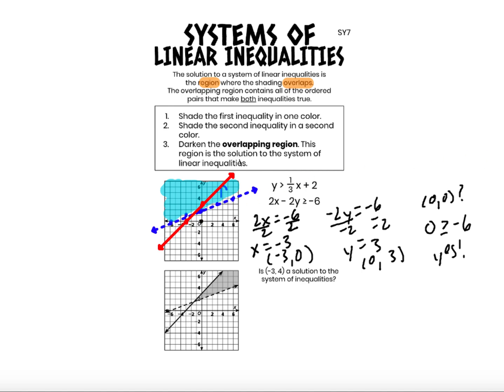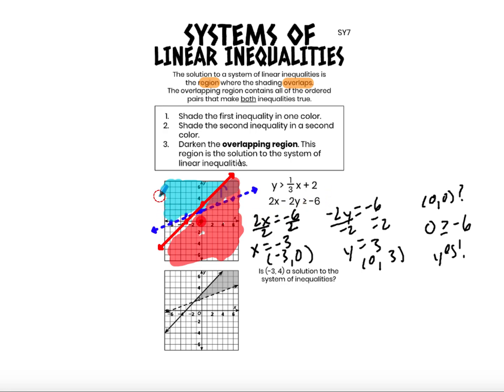That tells me that the origin should lie in my shaded region. So since 0, 0 makes this inequality true, that means it's in my solution set, and this side of the boundary line is my solution to the second inequality. So every point in red is my solution to the second inequality.